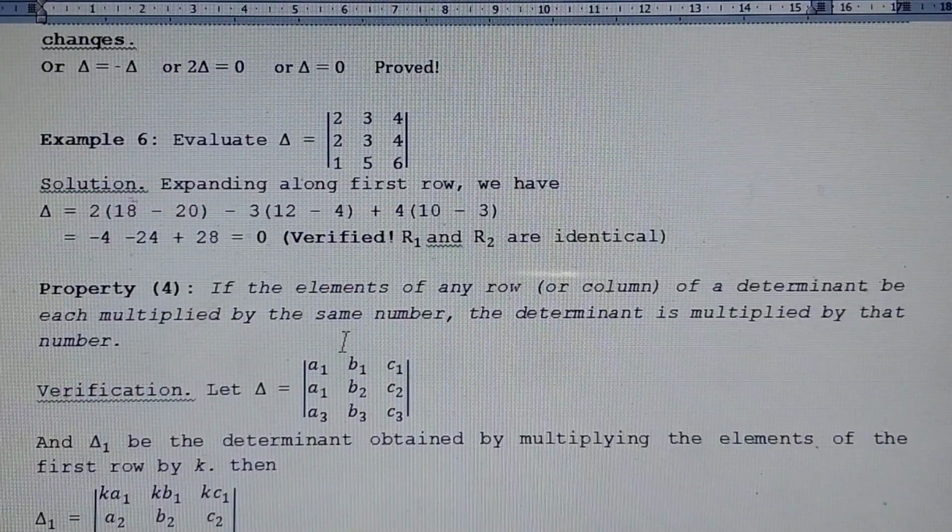Property number 4: if the elements of any row or column of a determinant are each multiplied by the same number, the determinant is multiplied by that number.